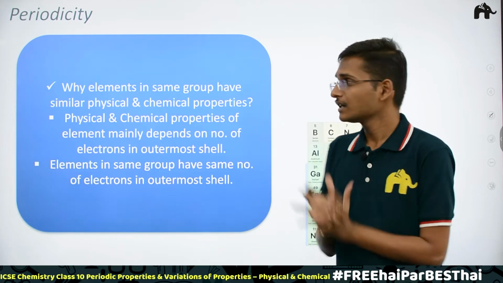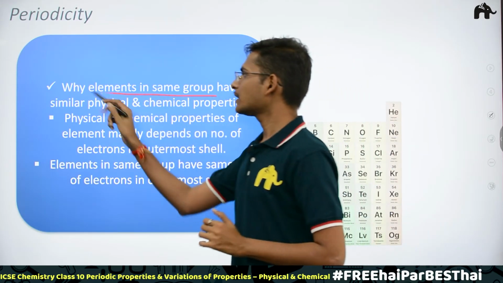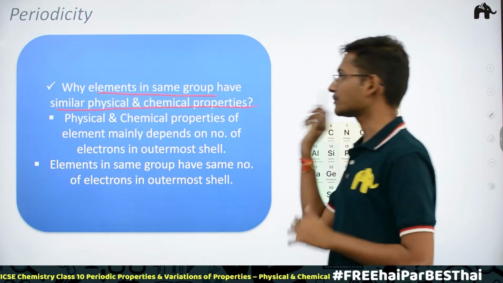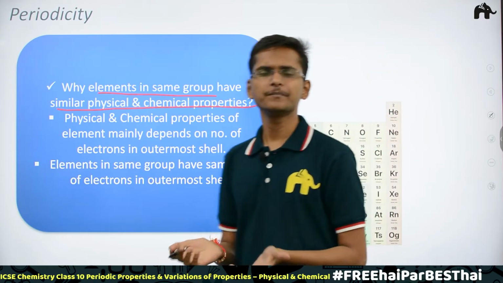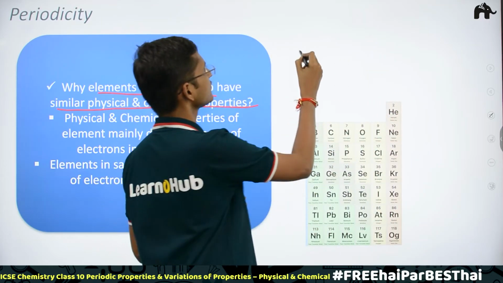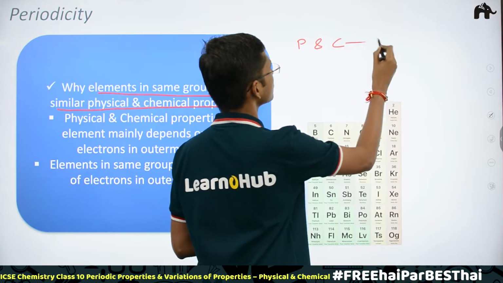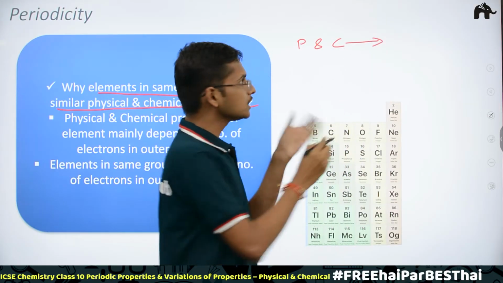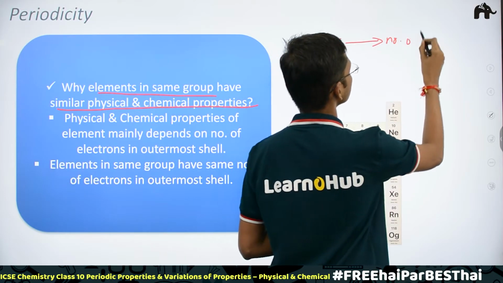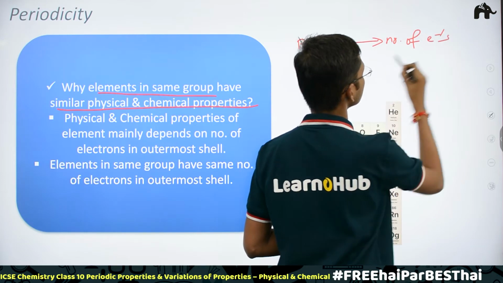Now let's see why the elements in the same group have similar physical and chemical properties. It's very simple. The physical and chemical properties depend on the number of electrons in the outermost shell.